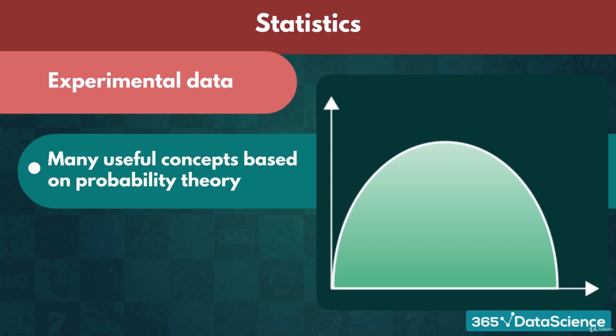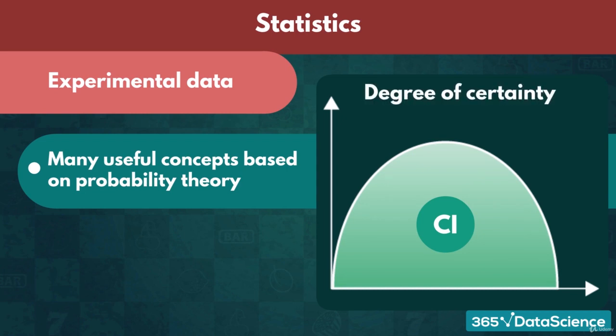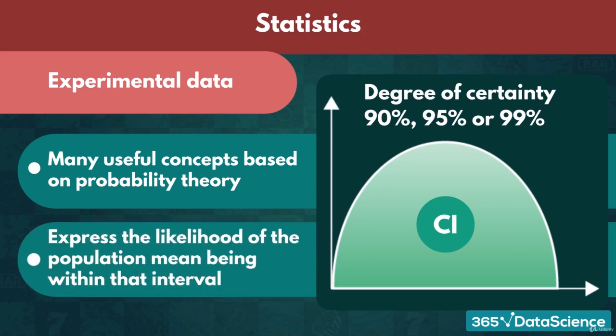A confidence interval, or CI, uses sample data to define a range with an associated degree of certainty. These degrees of certainty are usually 90%, 95%, or 99% and express the likelihood of the population mean being within that interval.